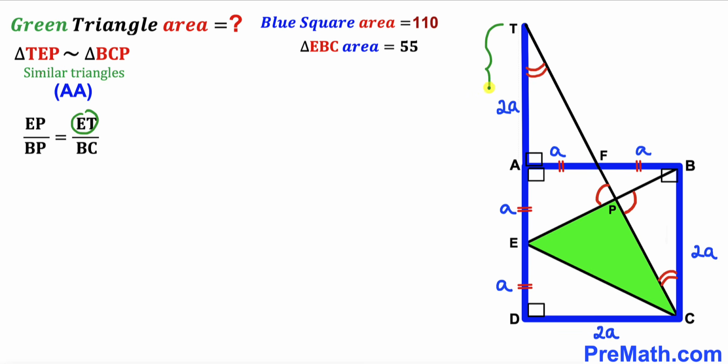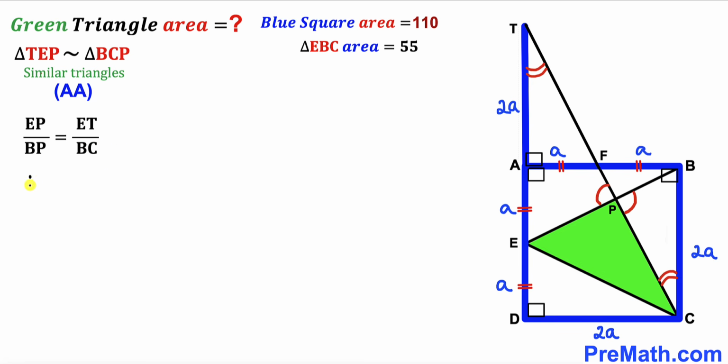This segment length a plus 2a makes it 3a. So ET segment length is 3a. Finally, BC side length is 2a.